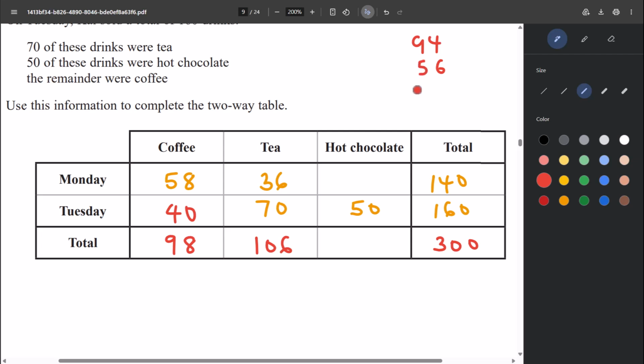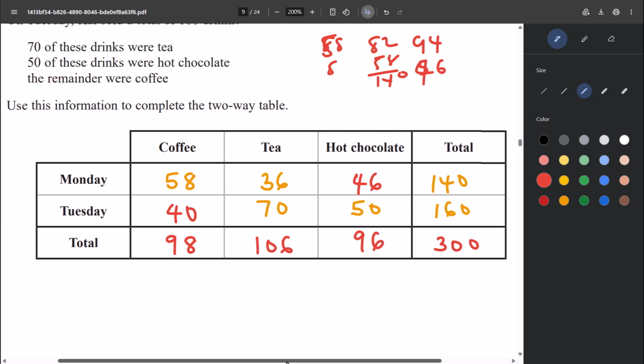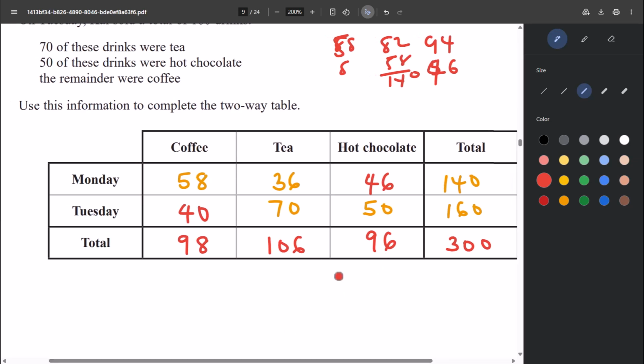I think it may be 46. Yeah, it has to be 46, because we add all the numbers. Okay, so that's correct. And eventually you add up the two numbers here, you get 96. Okay, so this is the completed two-way table.